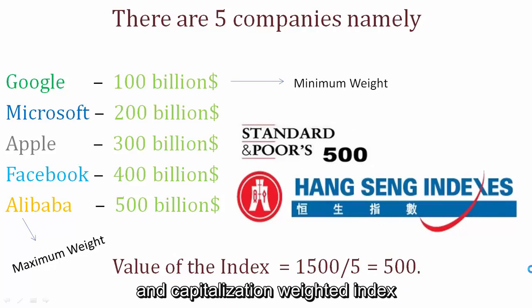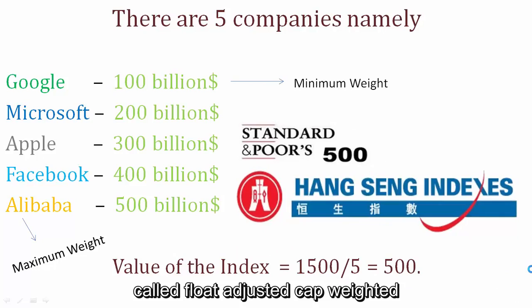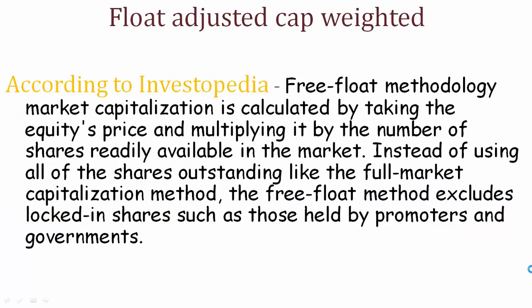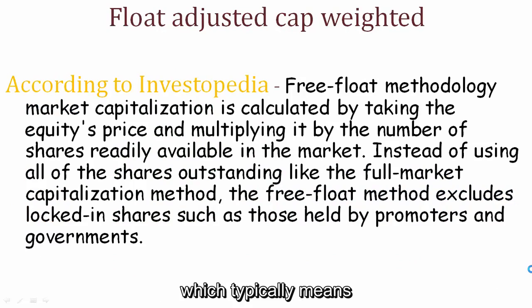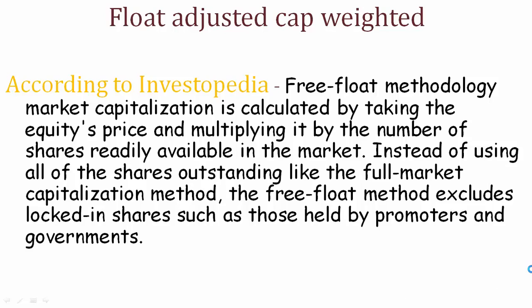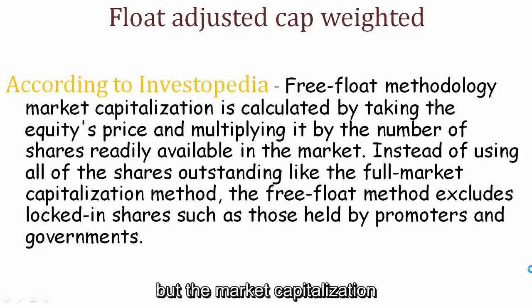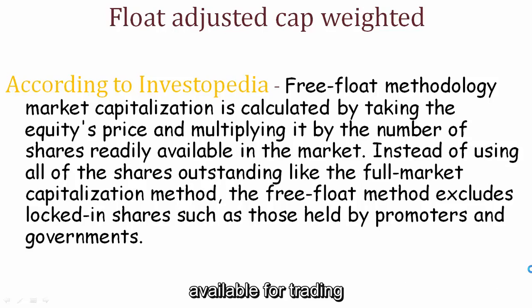The capitalization weighted index has one subcategory called float adjusted cap weighted. A float adjusted cap weight index is a type of cap weight index, which means the companies in the index will be weighted just like a market cap weighted index, but the market capitalization should be considered on the shares which are available for trading.